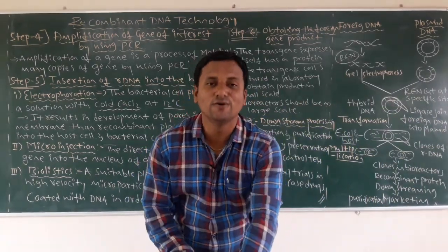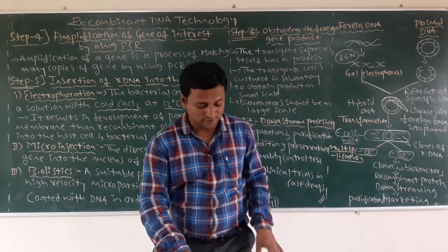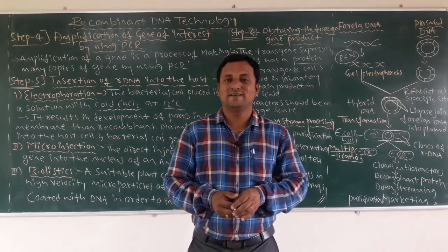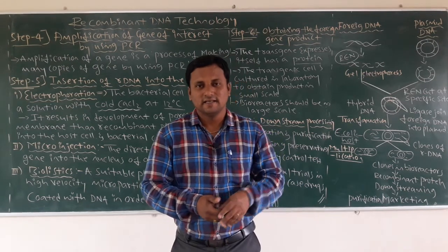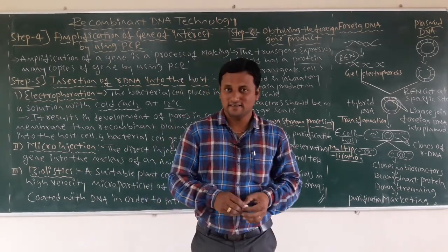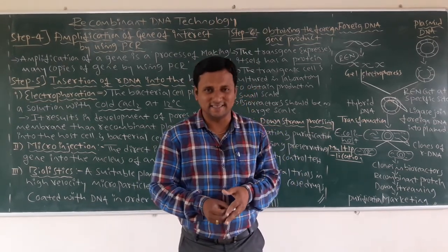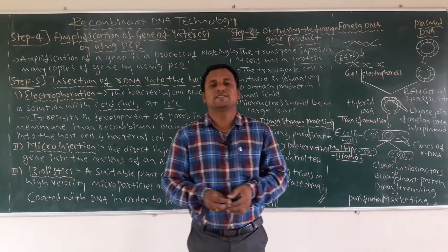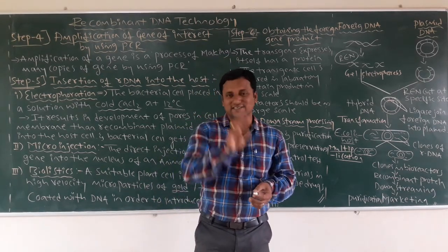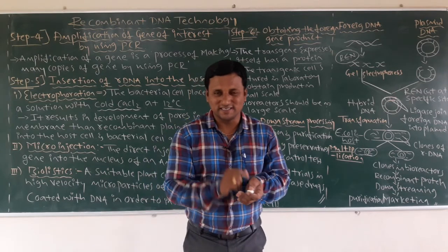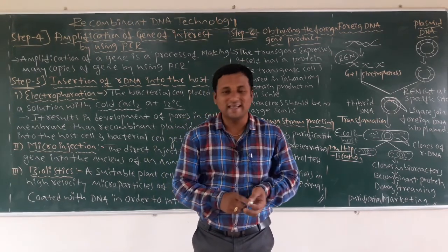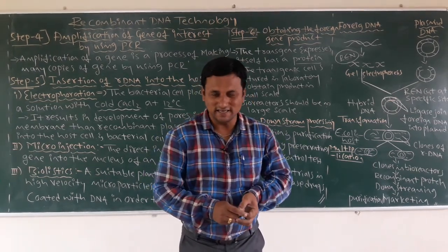So now we are going to continue the concept of yesterday's class. That class was the process of genetic engineering. In that process we already discussed the 3 steps. What are those 3 steps? The first step is isolation of genetic material.